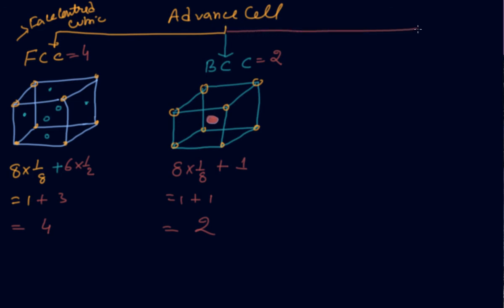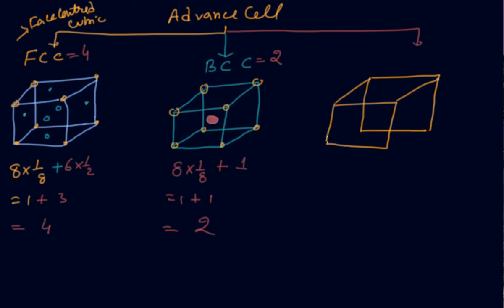Now come to the end centered cell. First you draw one unit cell, and you see that atoms are present at the corners as usual, because these are advanced cells. Atoms are also present at some other points.